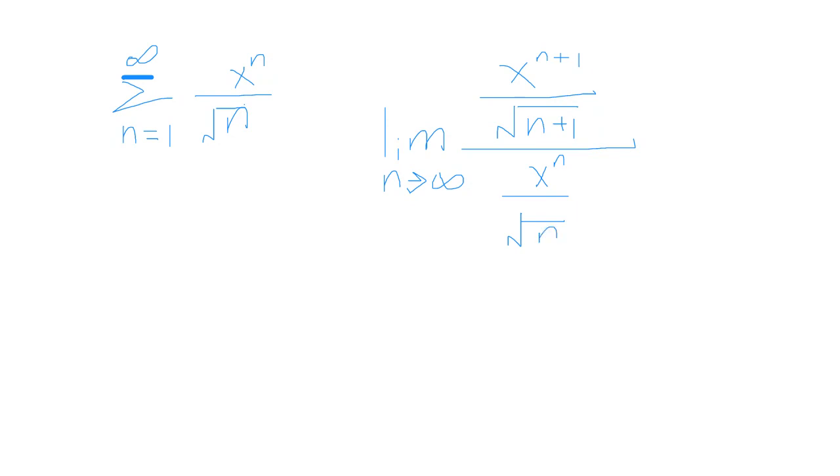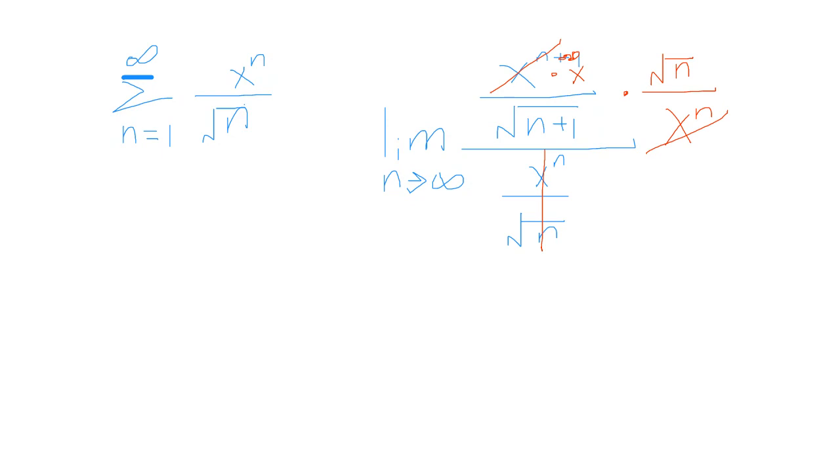Well, x raised to n plus 1, I can write as x raised to n times x, right? Then divided by x raised to n over square root of n, I can multiply by its inverse. So x raised to n divided by x raised to n becomes 1.